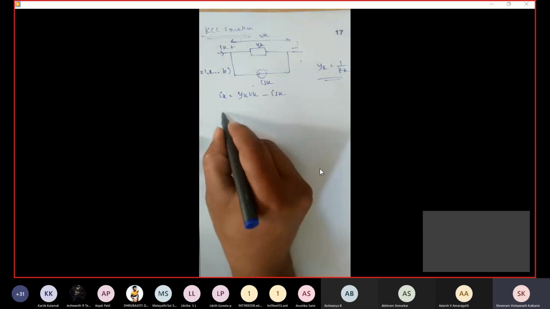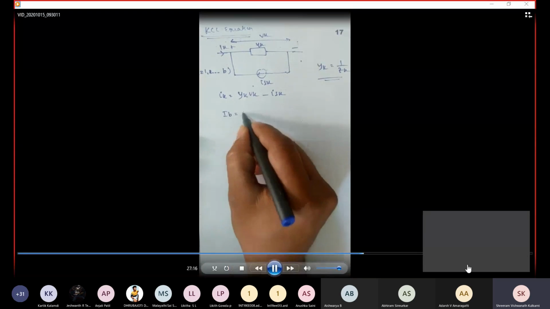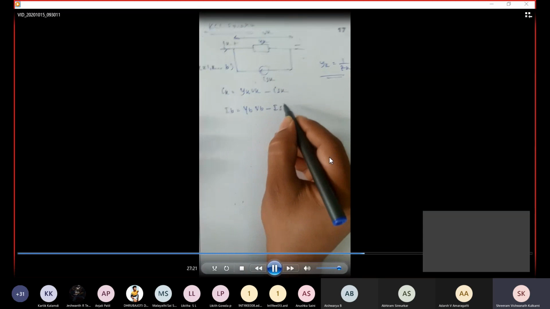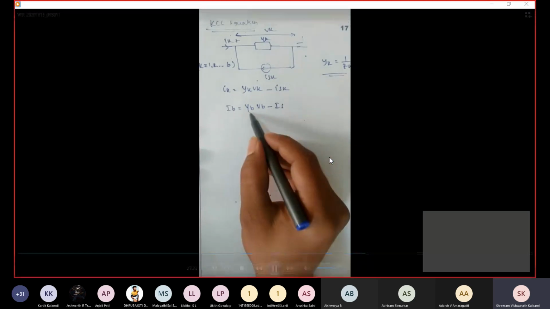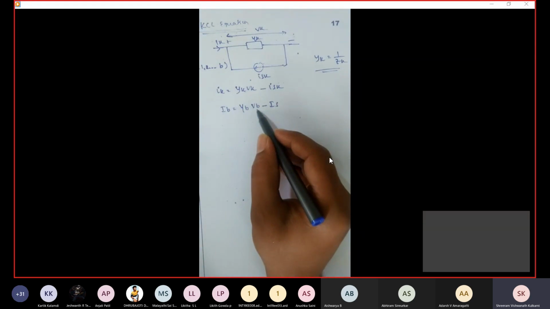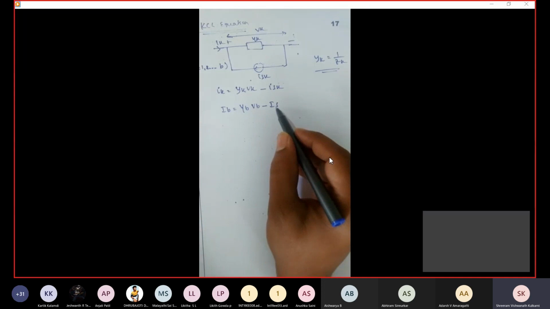In matrix form, how am I going to write? IB equals YB VB minus IS. Here YB is the branch admittance matrix, VB is the branch voltages, and IS is the source current matrix.